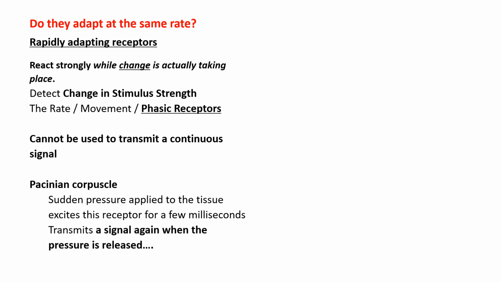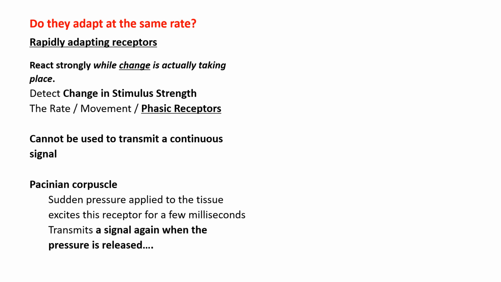If the stimulus strength does not change, they stop responding. And when there's a change in stimulus strength, they will respond. We call these phasic receptors. The disadvantage of these receptors, of course, is that if you want to transmit signals continuously, these receptors will not do, because they stop getting stimulated after a while. So they cannot be used to transmit continuous signals.